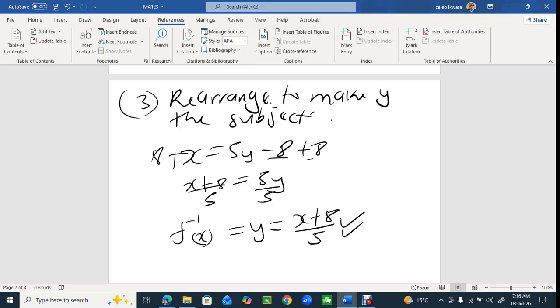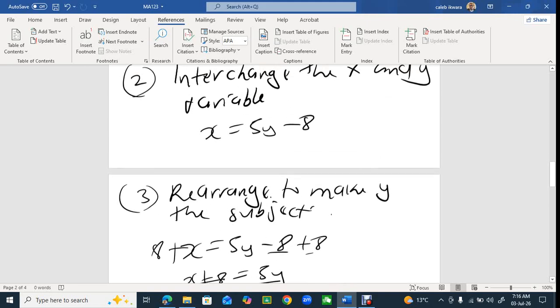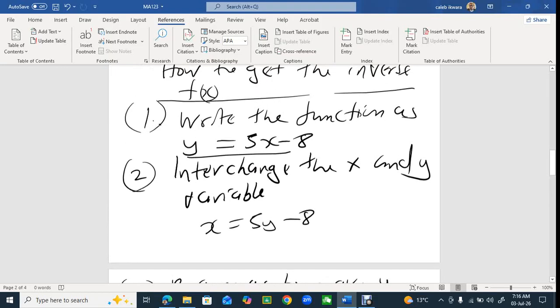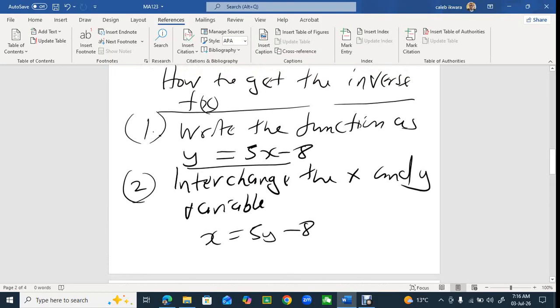That is how to find the inverse of the function f of x, where we had an example of y equals to 5x minus 8. As we just said, the first step is to write the function as y equals to 5x minus 8. Then we interchange the variables. X will go in place of y, and y will take the place of x.